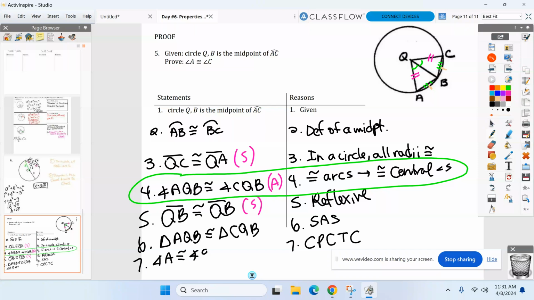Line segment AB in the circle, line segment BC. Those are chords, right? Yeah. So I could have substituted in AB congruent to BC, congruent arcs have congruent chords, and then we could have done side, side, side. So keep that in mind too. We could have said the chords were equal because the arcs are.